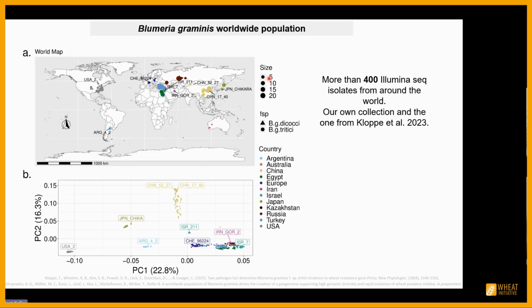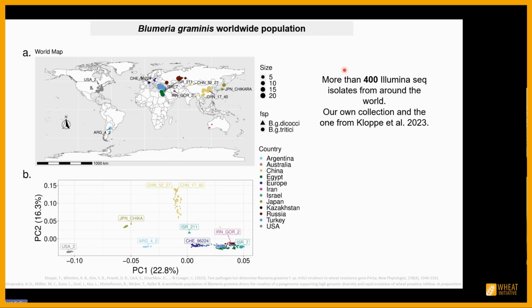Now, in terms of diversity, we have a global population assembled in our group, and in total there are more than 400 isolates sequenced with Illumina technology.